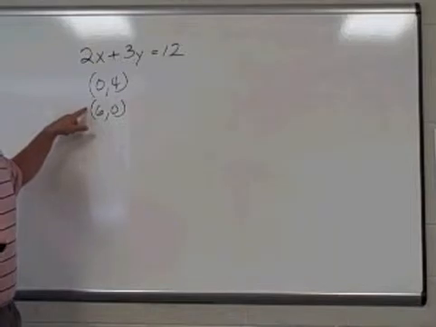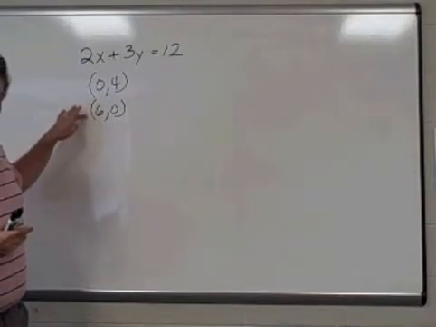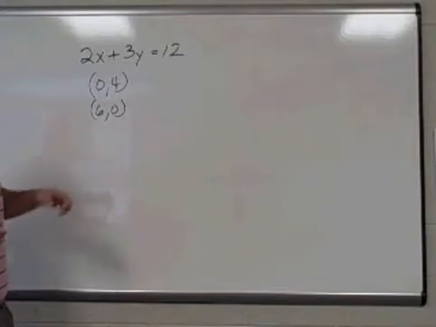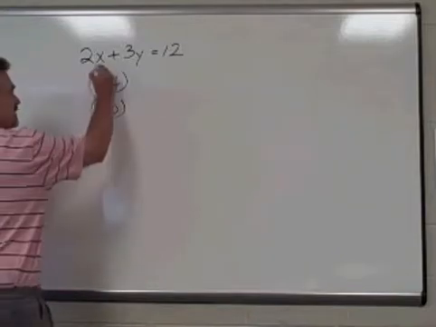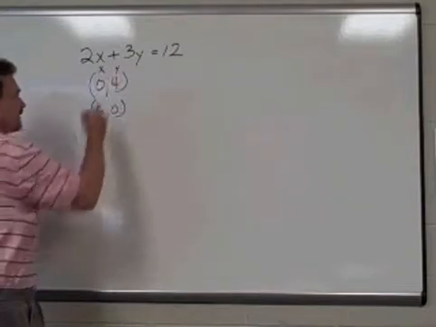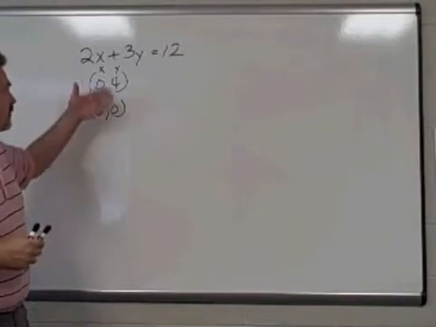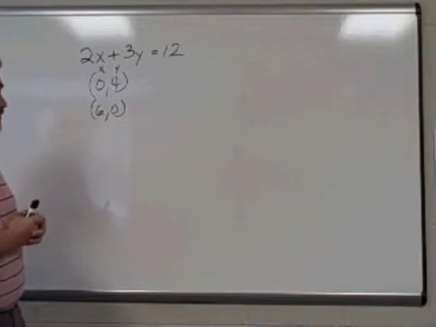This is how we would represent the two solutions we just found in ordered pair format. In an ordered pair, the first number listed is always the x number, and the second number listed is always the y number. So here we have two solutions to that linear equation in two variables.